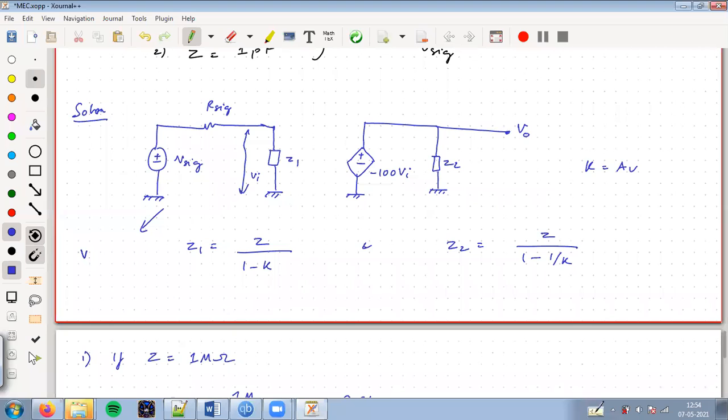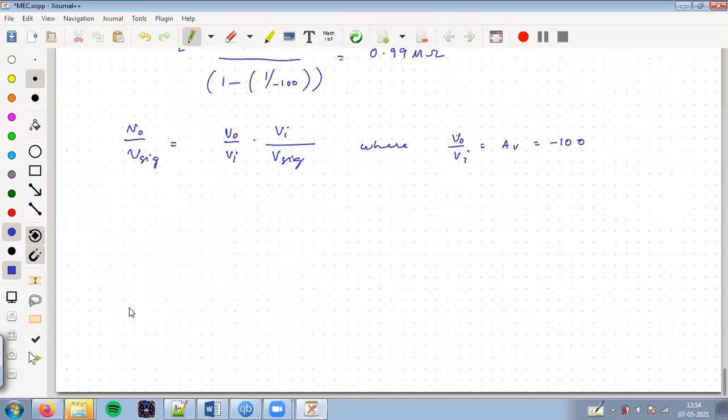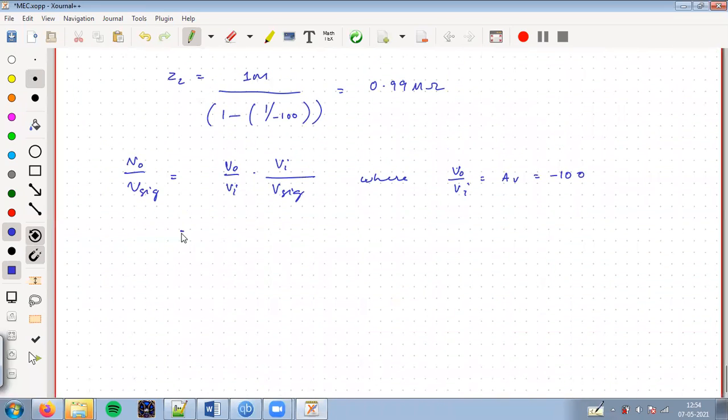So I can write Vi as V signal into Z1 divided by Z1 plus R signal. All right. So this is AV into Z1 divided by Z1 plus R signal.